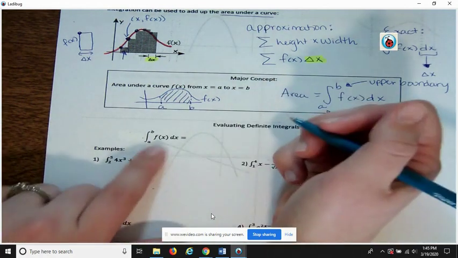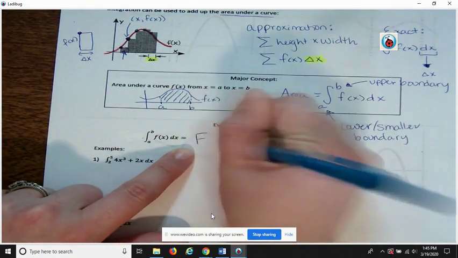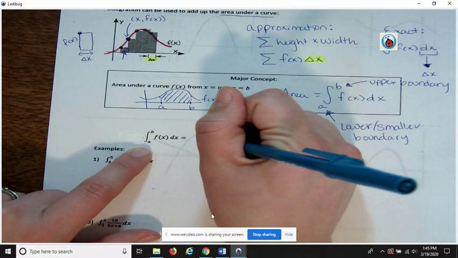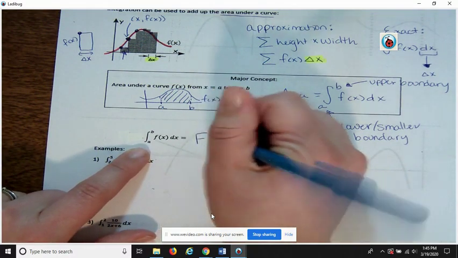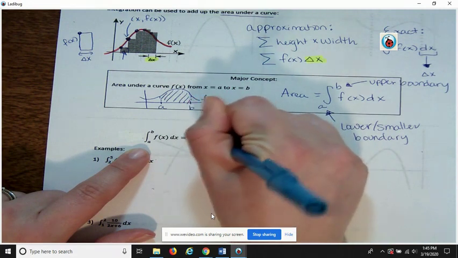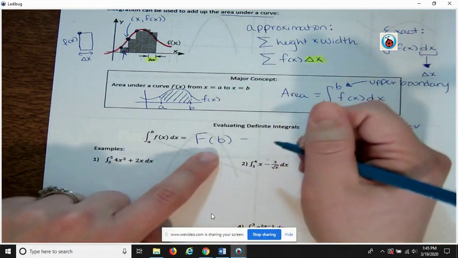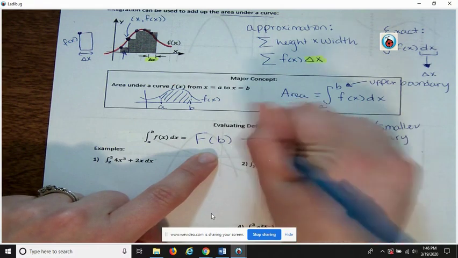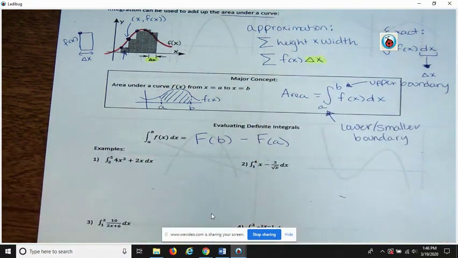So we notate that by using the big F here. And instead of getting a function this time, we're going to come up with an actual number. So this is going to be big F of b, which will be a constant. And then big F of a, that will be another constant. And then we'll get a constant value for our area.